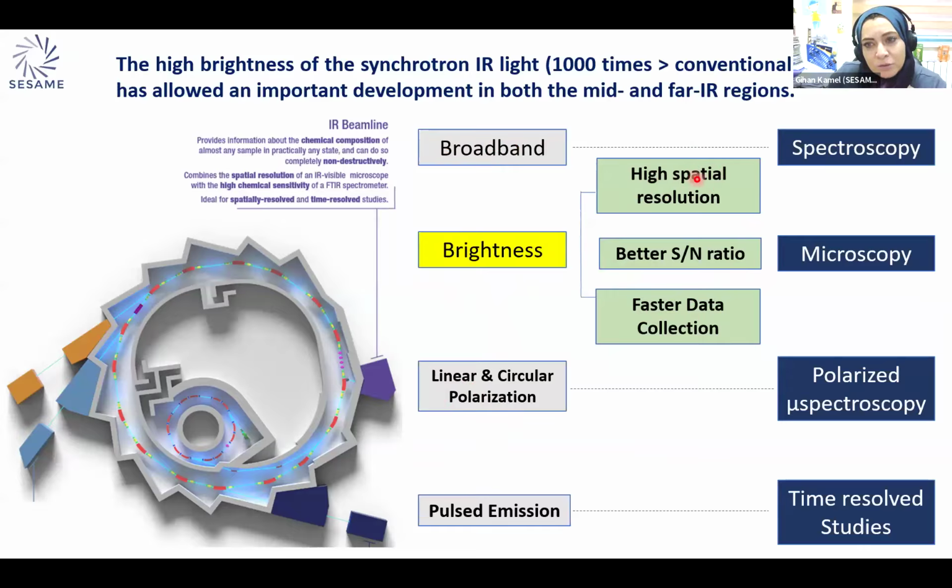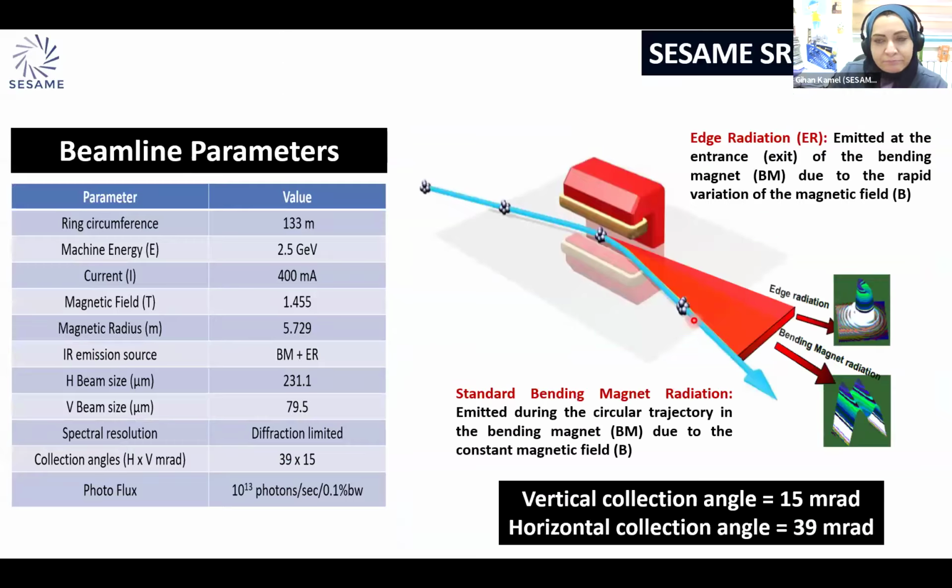And for us, these are three pillars that we are concerned with when we work on infrared synchrotron radiation for spectroscopy or microscopy. So we are aiming at high spatial resolution, better signal to noise ratio, and also faster data collection.